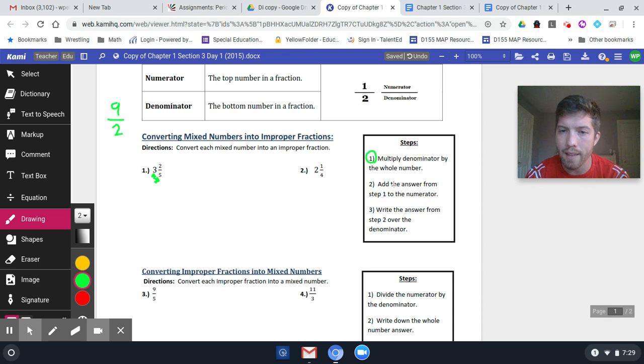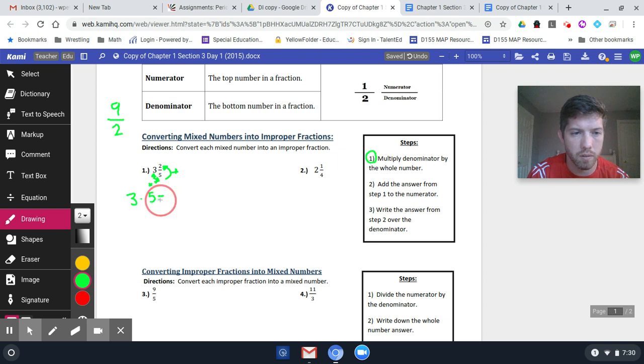Then we're going to add the answer from step 1 to the numerator. Okay, so we're going to multiply. And then we're going to take that and we're going to add. So we're going to take 3 times 5, which is 15.